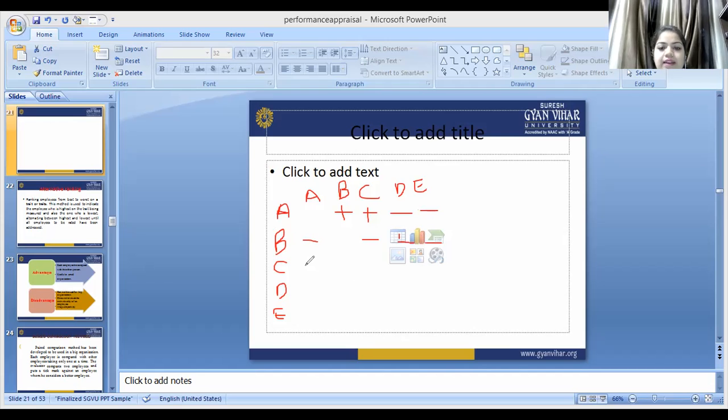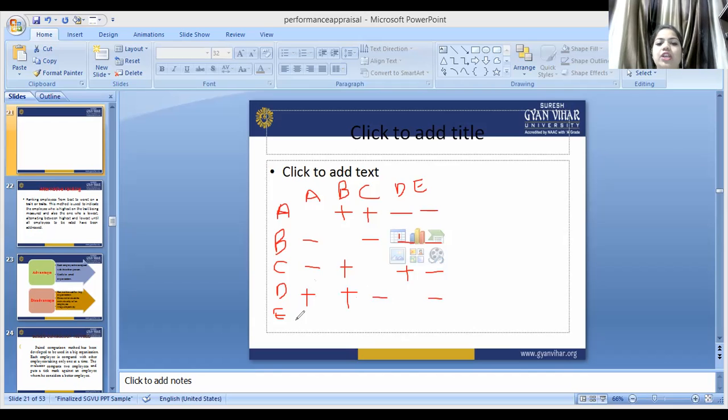Okay. Then again, if we compare C, that means positive, positive, negative. Okay. Then if we compare D with A, we get plus, plus, minus, and minus.